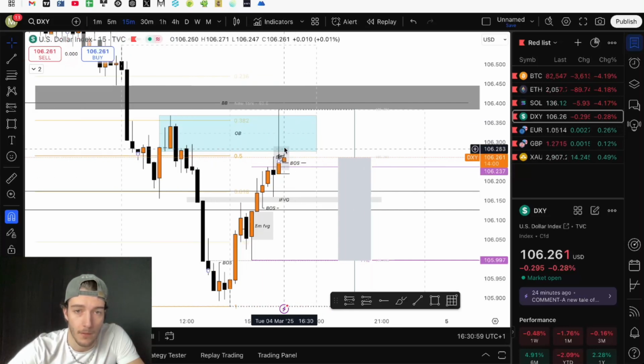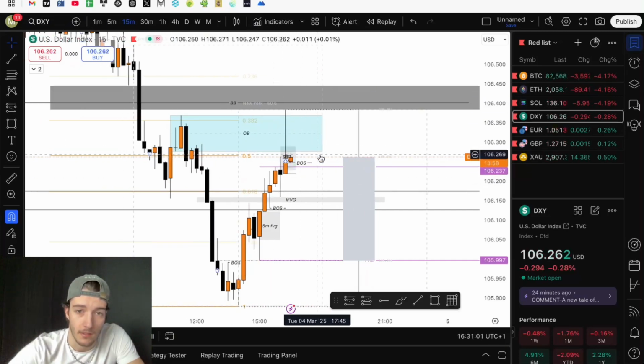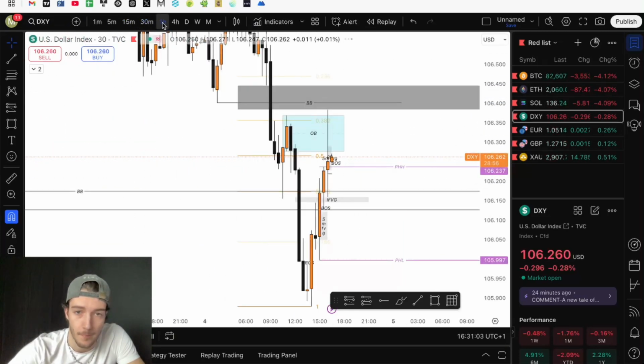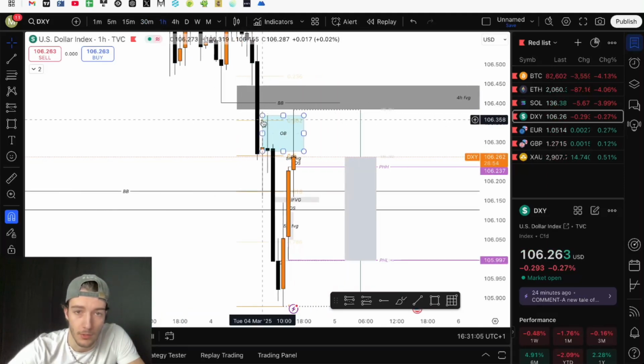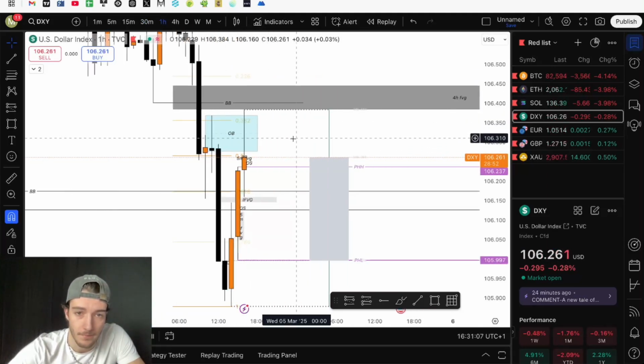And look at this long wick 15-minute candle. Looks beautiful. We just wanted to sweep this hourly high.